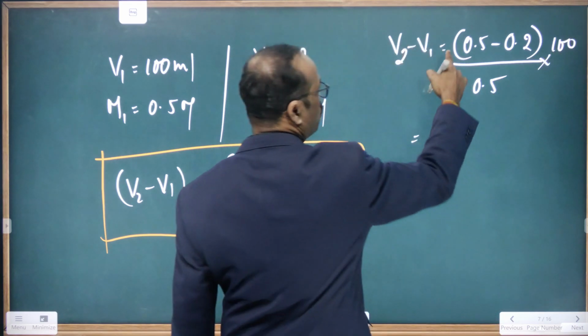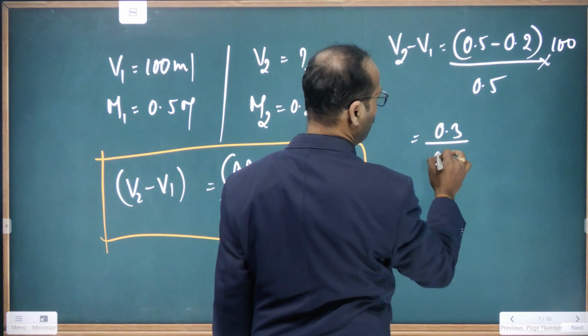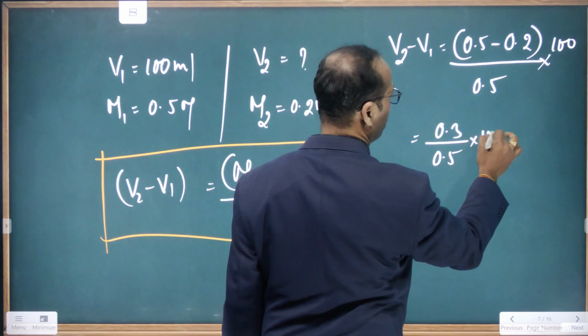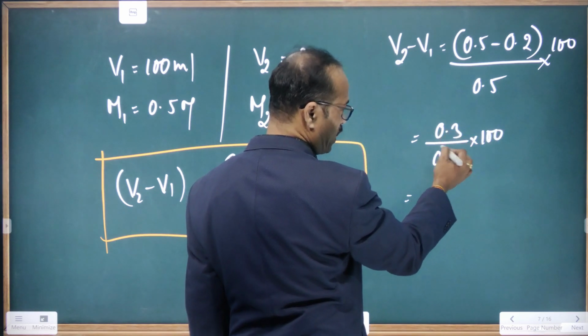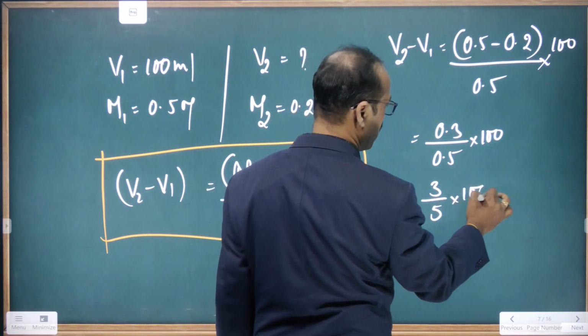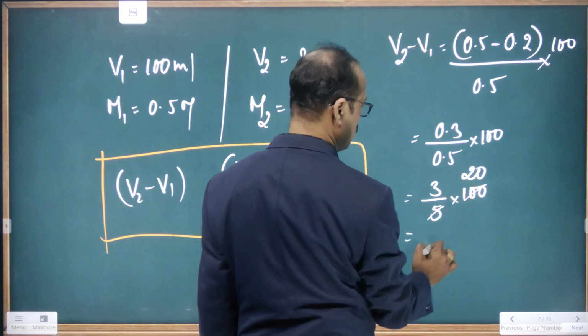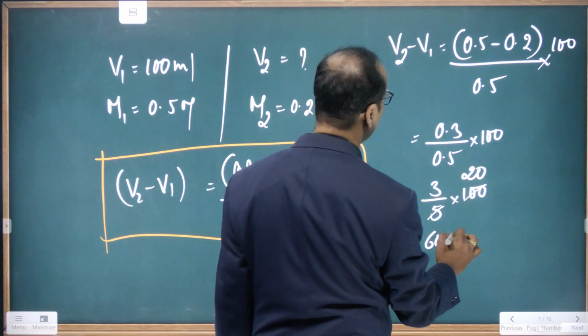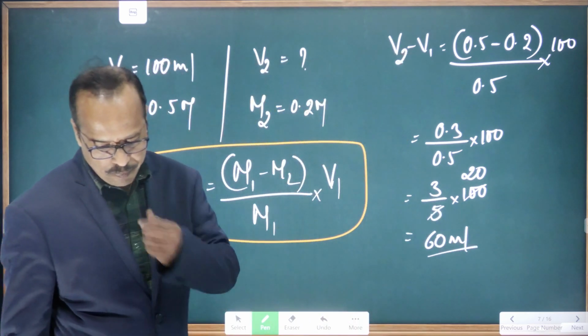So 0.5 minus 0.2 is 0.3 by 0.5 into 100. After the point, both are one digit, so we write 3 by 5 into 100. 5 twenties are 100, so 3 into 20 is 60. So V2 minus V1 is 60 ml.